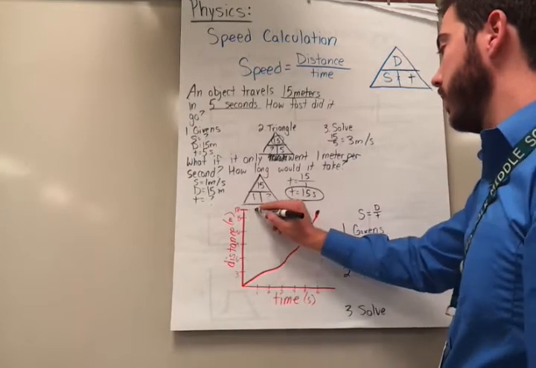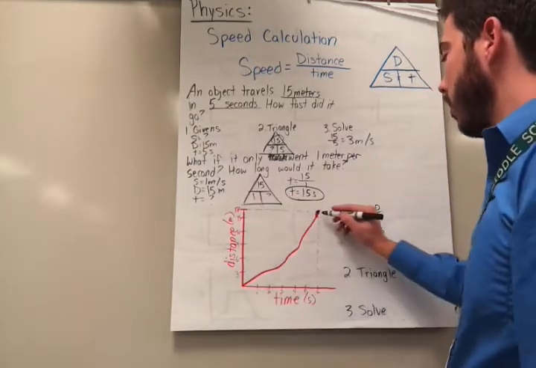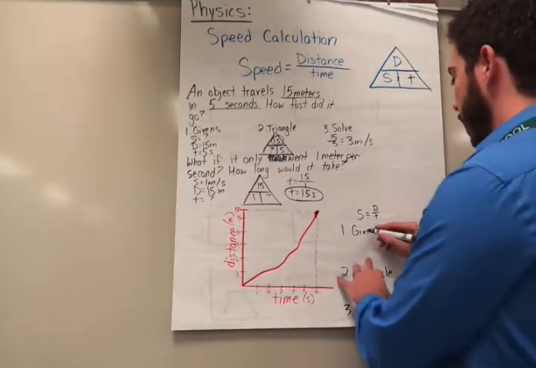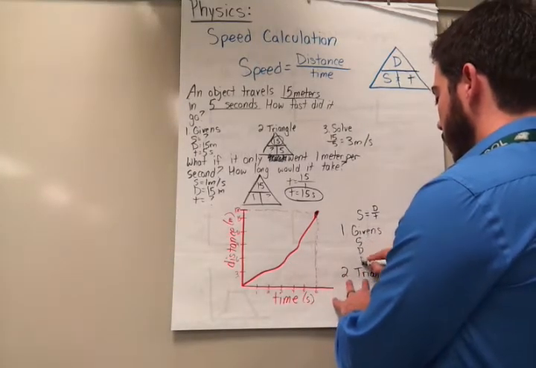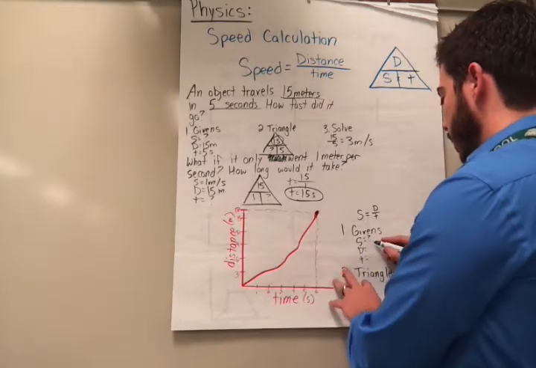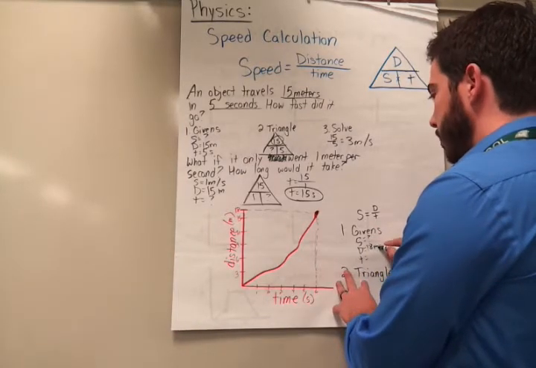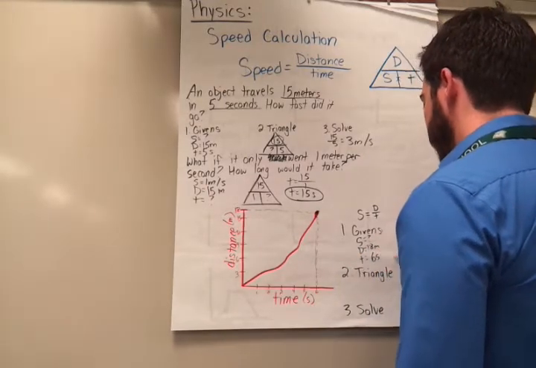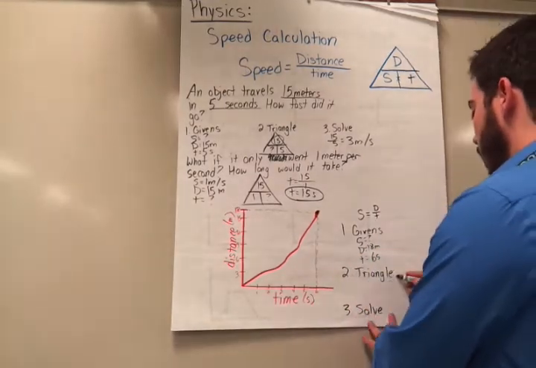So our total distance here was 18. Our total time was about 6 seconds. So we write our givens. We don't know speed. We're trying to find that. Our distance was 18 meters. Our time was 6 seconds. So step 2, triangle.